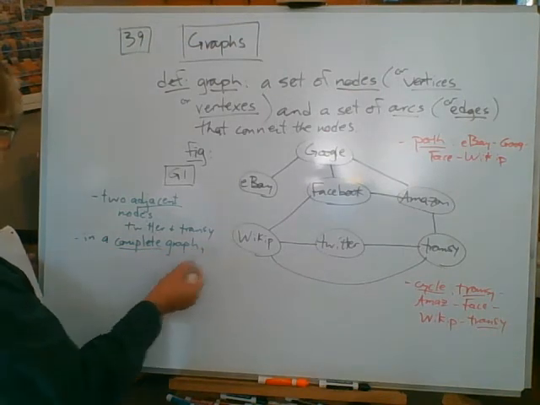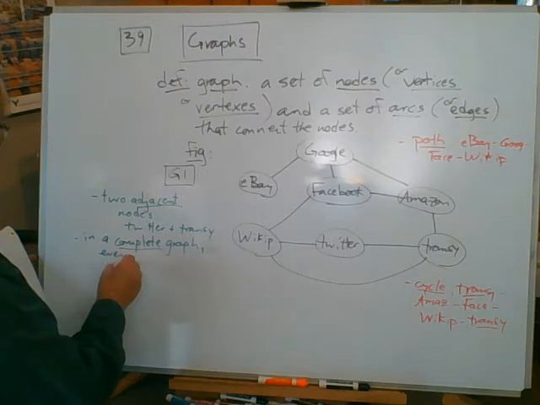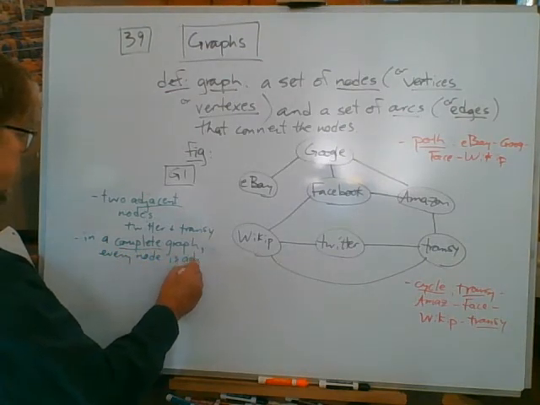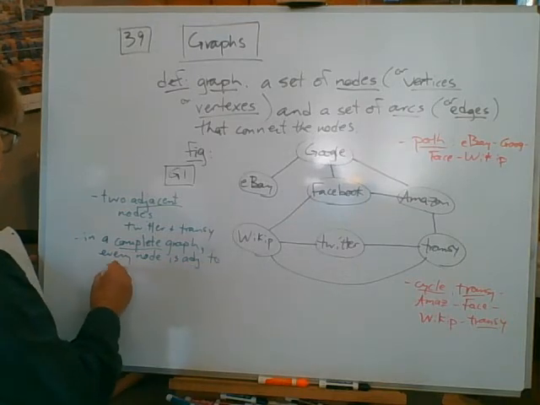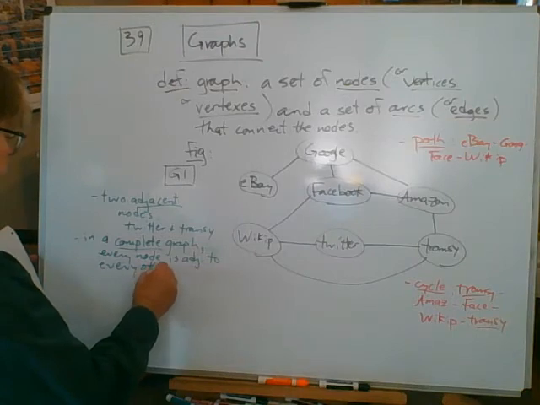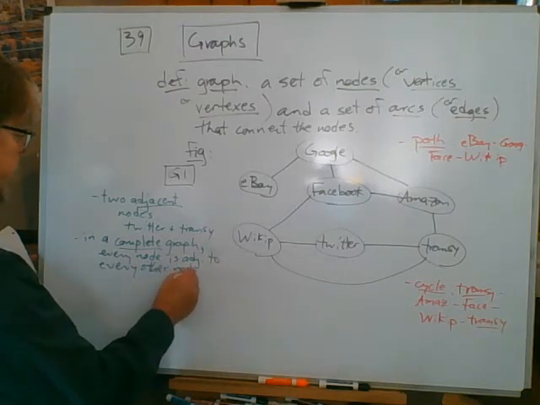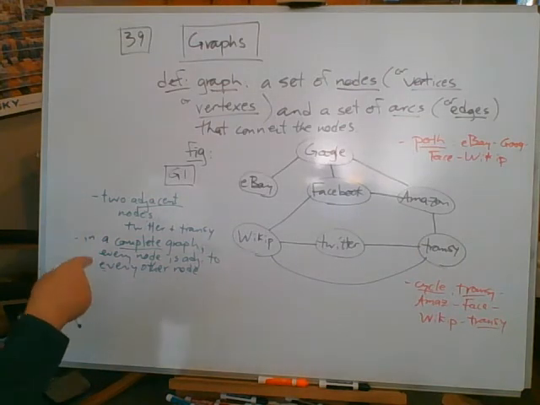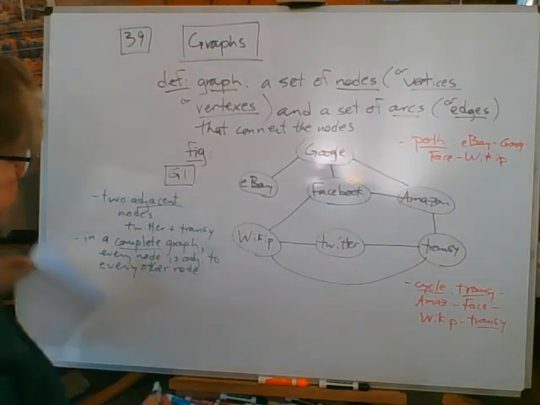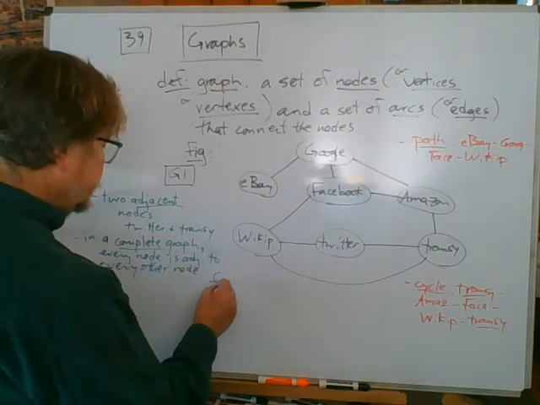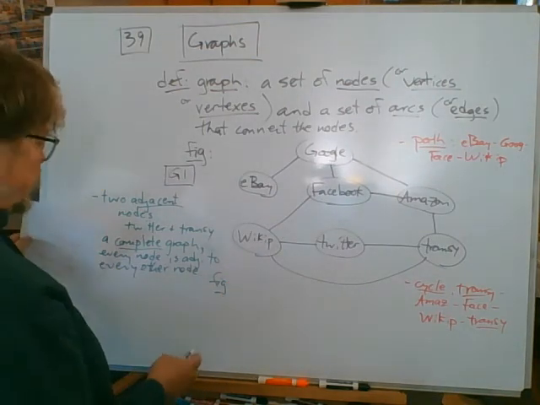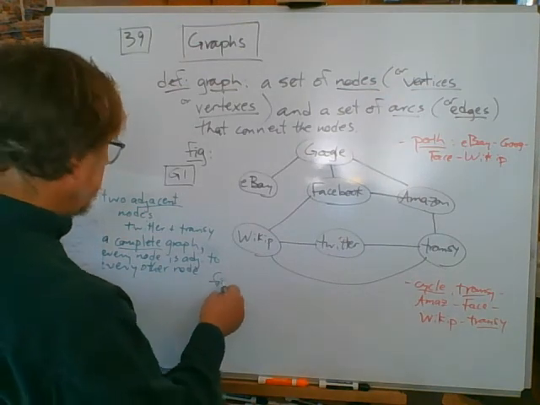In a complete graph, every node is adjacent to every other node. Now, I wrote that so weirdly. Let me read it back and see if it makes sense. In a complete graph, every node is adjacent to every other node. Well, what does that mean? Here's a tiny little figure. I don't want to mess up G1 up here, our reference graph for the foreseeable future.